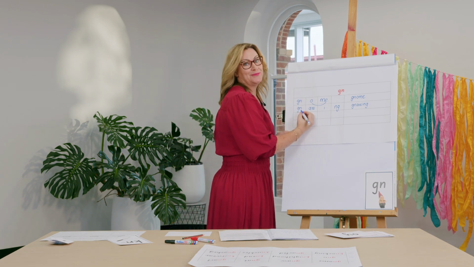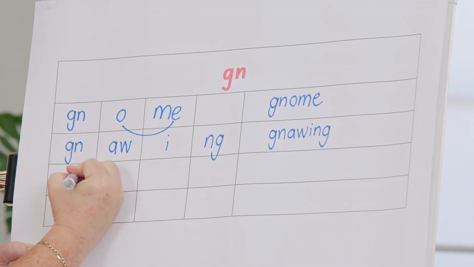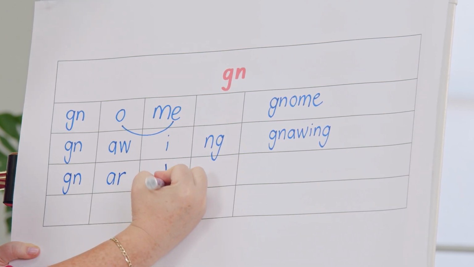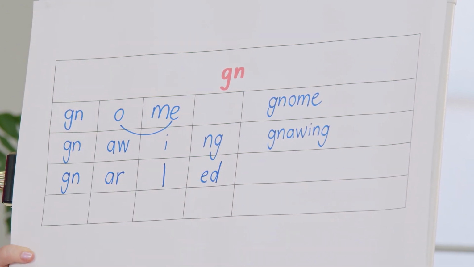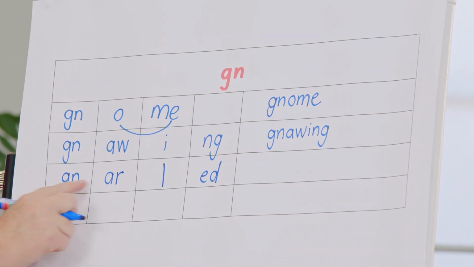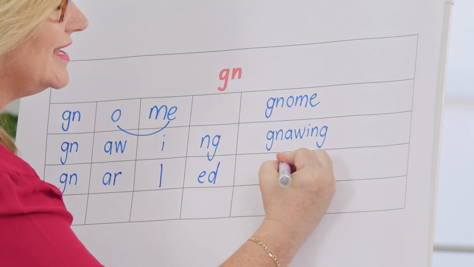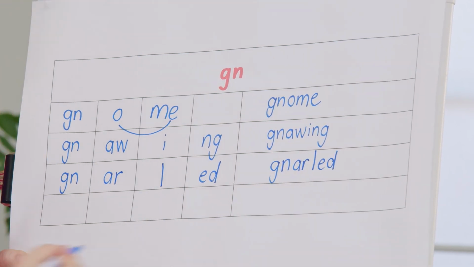Have a go on your own or follow along with me. N, R as in car, L, D. ED past tense, making that D sound today. N, R, L, D. Full word. N, R, L, D.